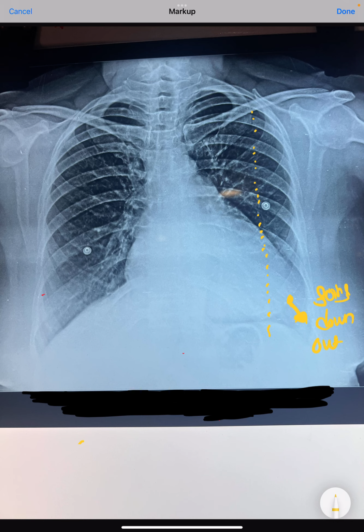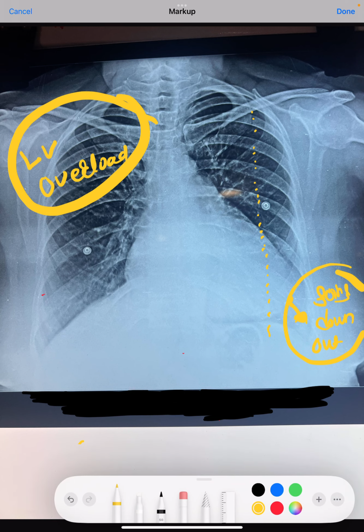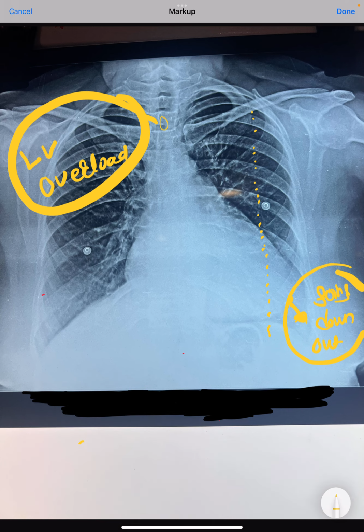Now you must know that whenever the left ventricular apex is going down and out, it is always because of left volume overload. That you have to remember, because the apex is a part of the left ventricle, and it is going down and out all because of volume overload. If it is pressure overload, the apex will not go anywhere.